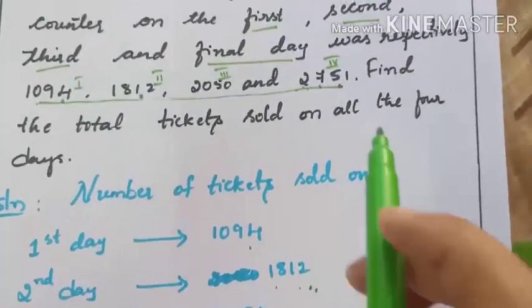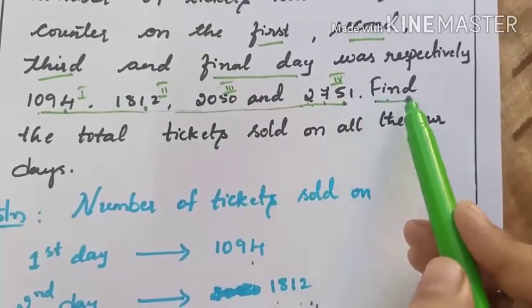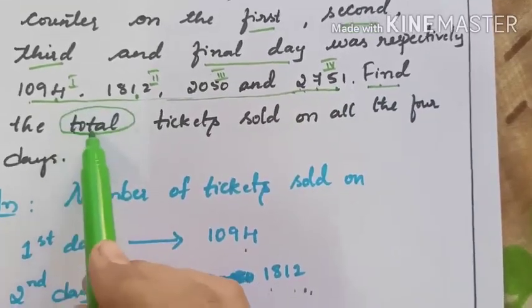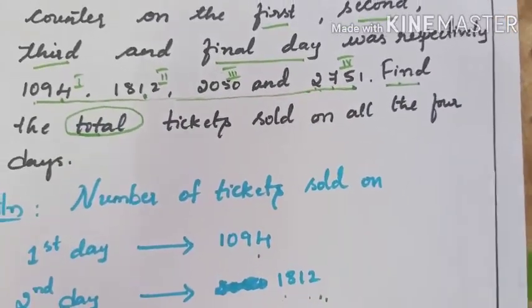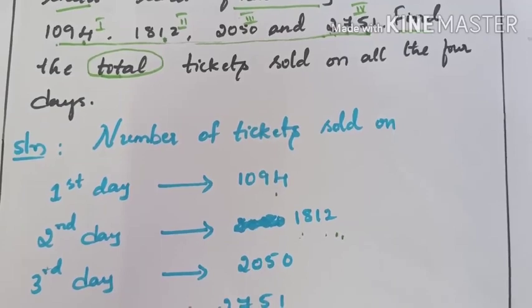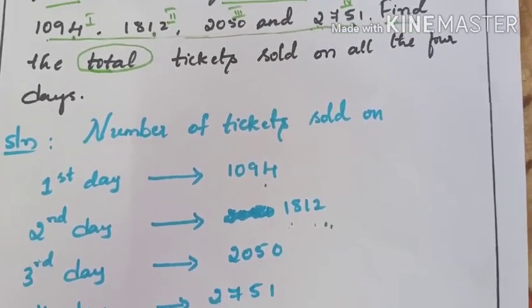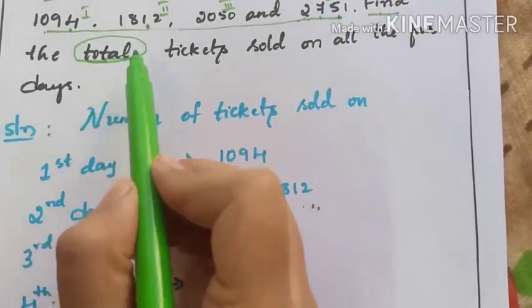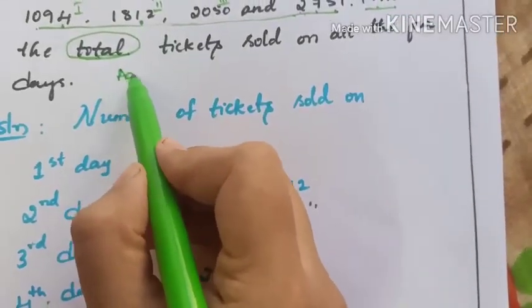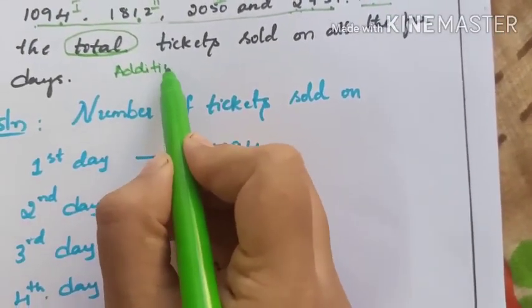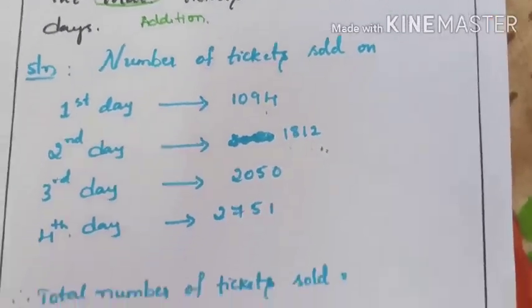Okay, here they have asked us to find the total tickets. Total means all together. So we have to find out the total number of tickets sold on all the 4 days. Total means we have to do addition. Let's find out.